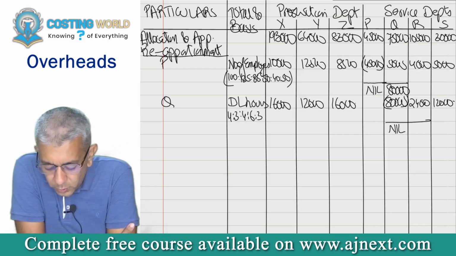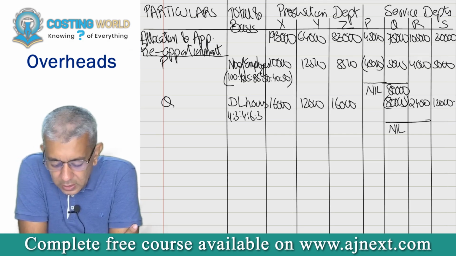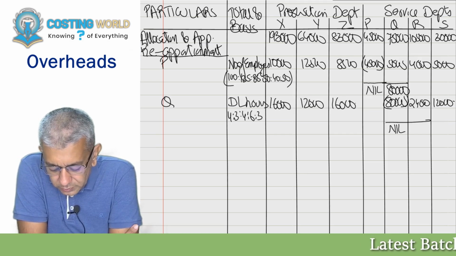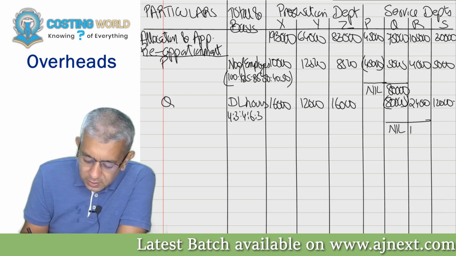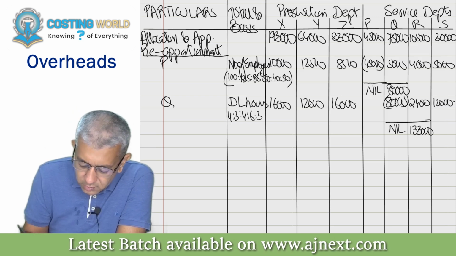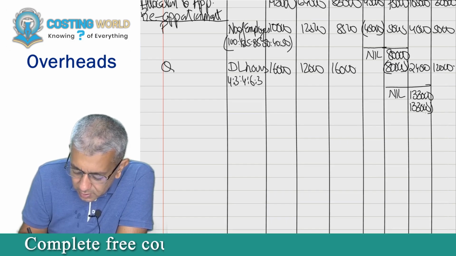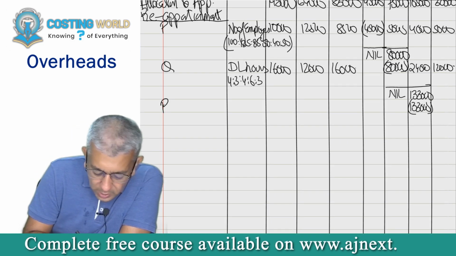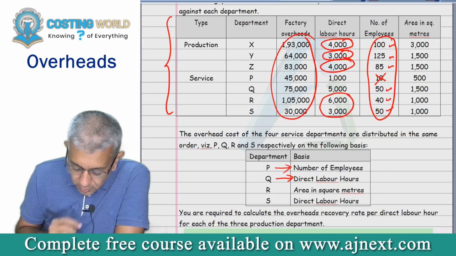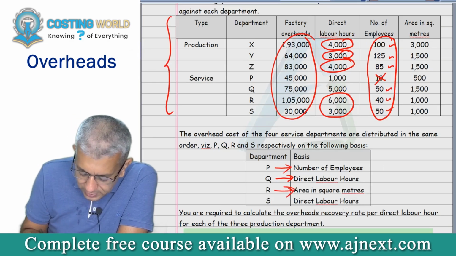Time for you to total up department R. 1,33,000. Subtract on the next line, R. Now department R, area in square meters.